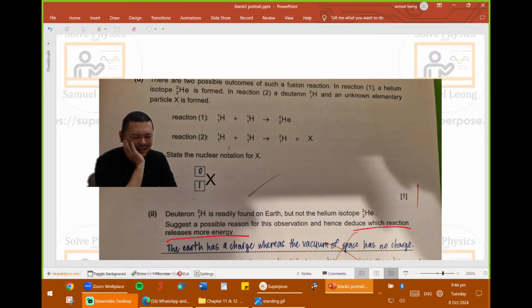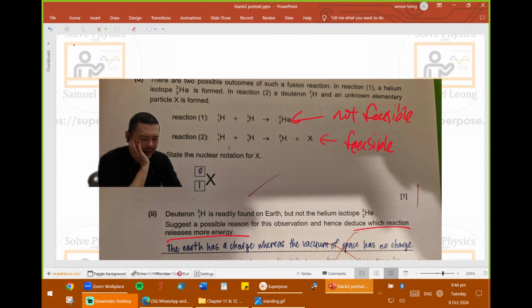I wouldn't even consider which one would release more energy. I would consider which one is more feasible. This is more feasible. This one is not feasible, which means it wouldn't even happen in the first place. How would I compare which one releases more energy? You get what I'm saying?